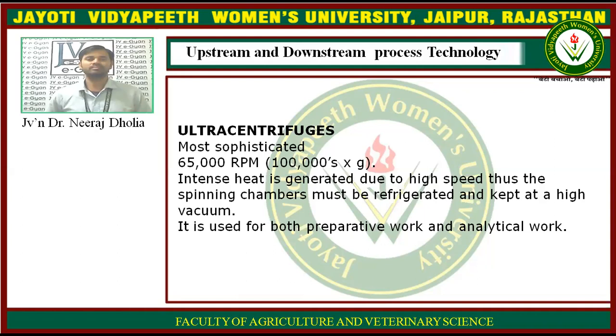Because they operate at very high speed, heat is generated and they need to be cooled, so refrigerated conditions are required. Simultaneously, vacuum is also required so that there will be no friction and the generated heat will be lesser. It is used for various purposes.